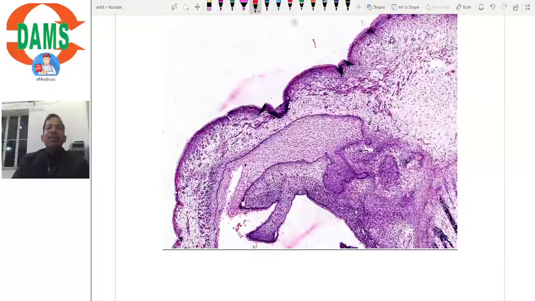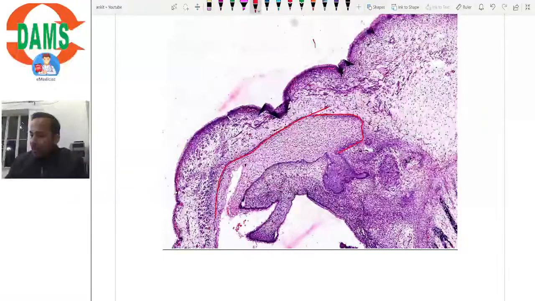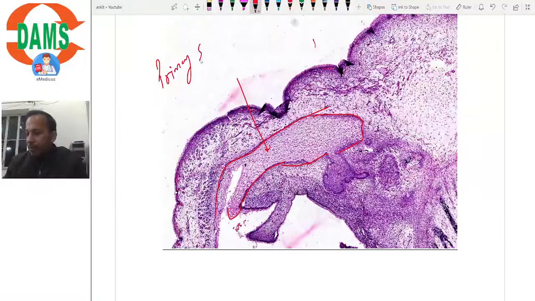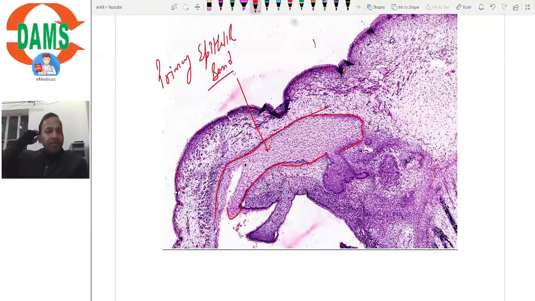This is the stage before the cap stage. You can see here the primary epithelial band, and the primary epithelial band proliferates at the 6th and 7th week of life, isn't it?